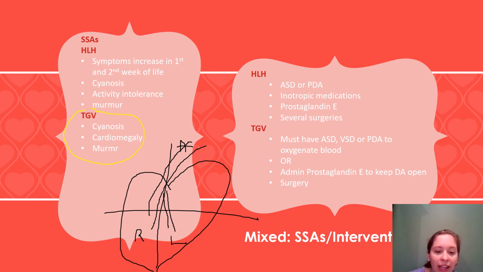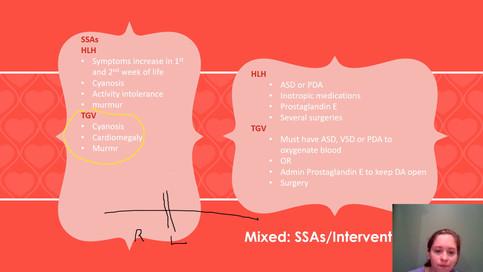The ductus arteriosus connects the aorta and the pulmonary system. So if I open that connection, then blood can mix together and help oxygenate the patient.